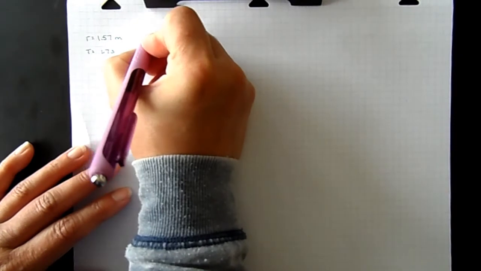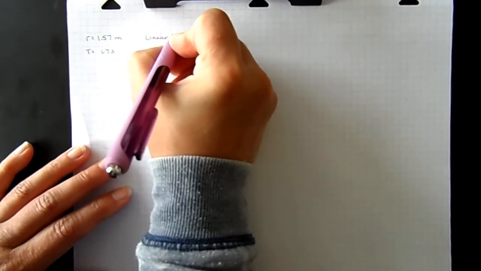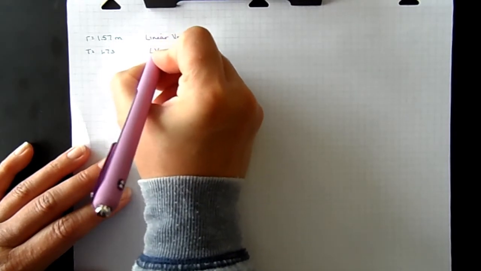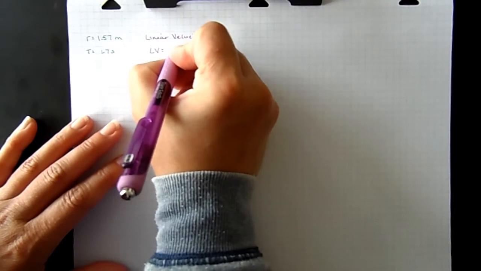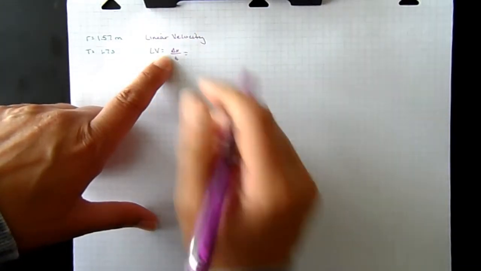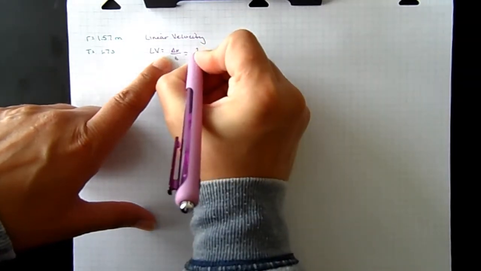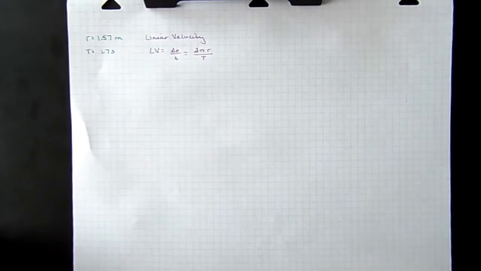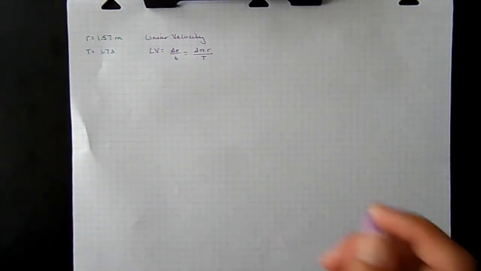So to find that linear velocity, linear velocity is really the same as delta x over t. And in this case, delta x is the circumference of our circle. So this is going to be 2 pi r over the time that it takes to go around our circle.